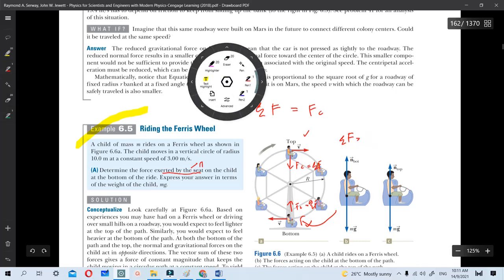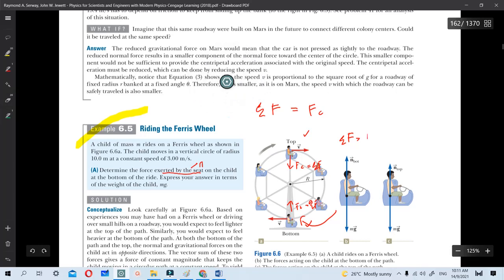So centripetal force in this case, when it's towards the bottom, is a positive value. However, for the second figure, the centripetal force is directed downwards. So FC is downward. So the resultant force of these two forces is equivalent to negative FC.